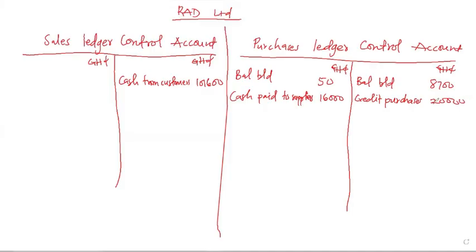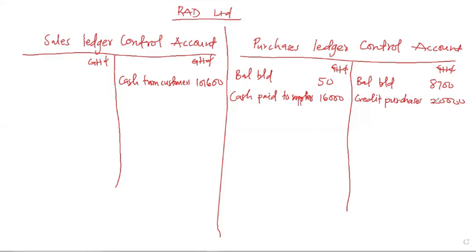Then we move to return invoice. Return invoice is related to customers because it is customers that return goods to the company. If customers return goods, it reduces their balance.